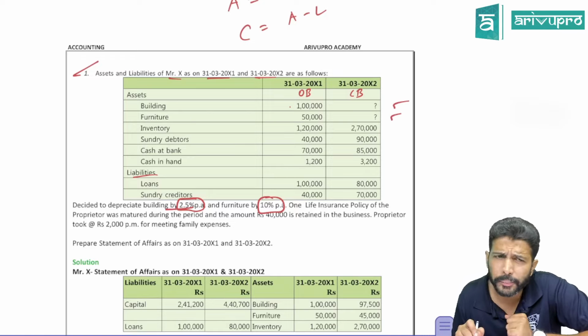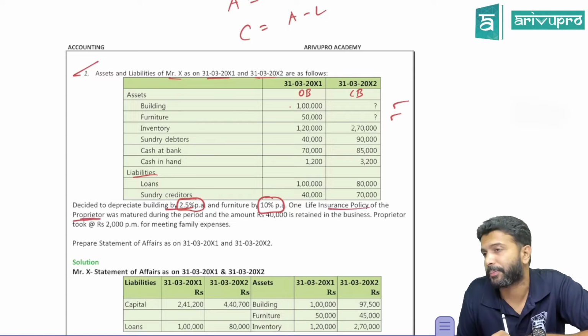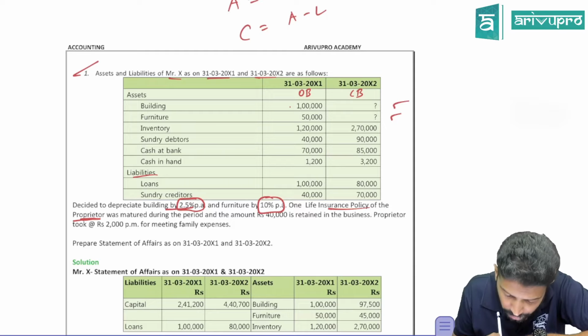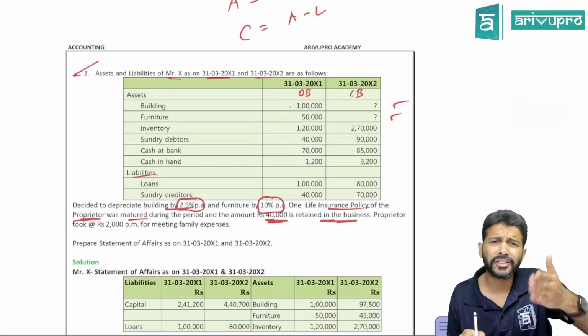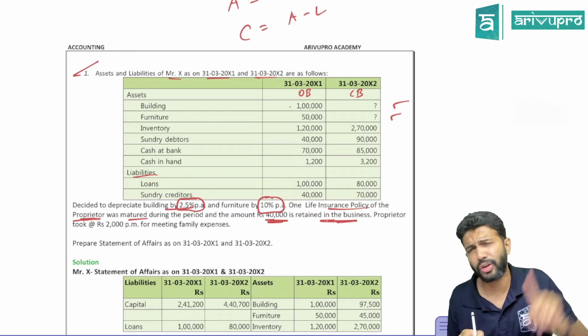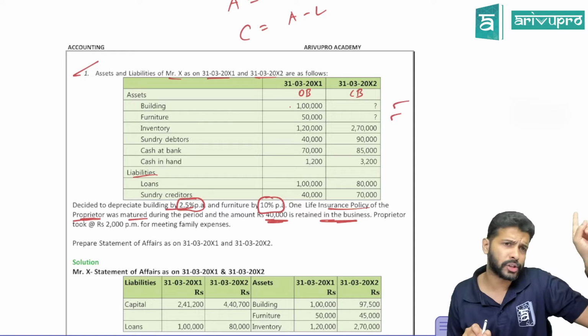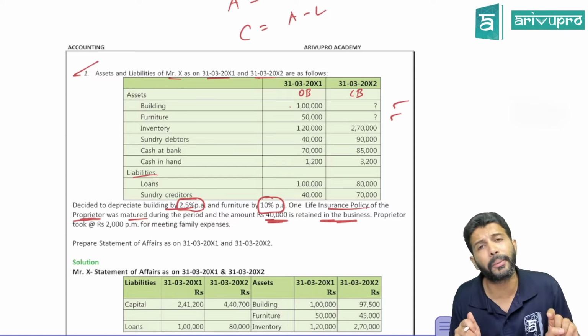Again, very straightforward. One life insurance policy of the proprietor matured during the period and an amount of 40,000 is retained in the business. Is this the business's life insurance or the owner's? Proprietor means owner. The owner's life insurance policy has matured and 40,000 is received from the insurance company.